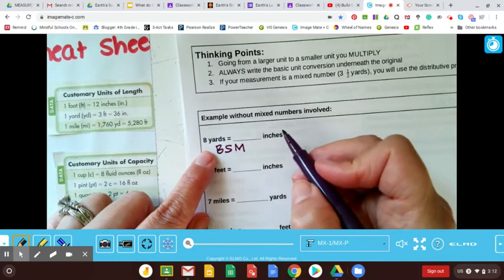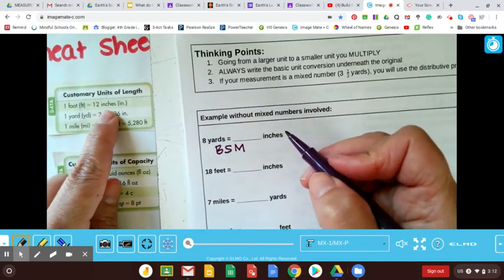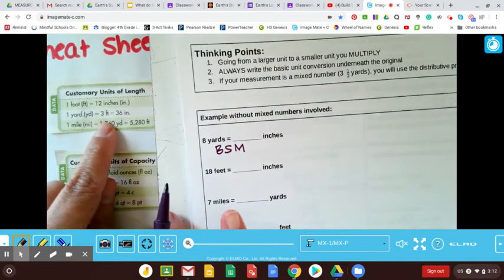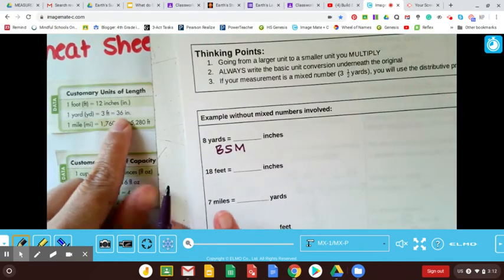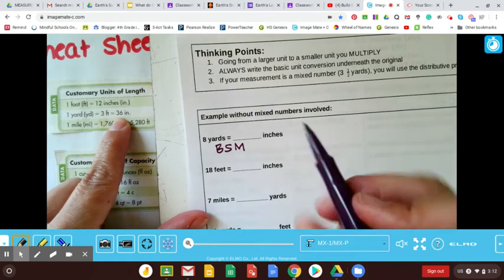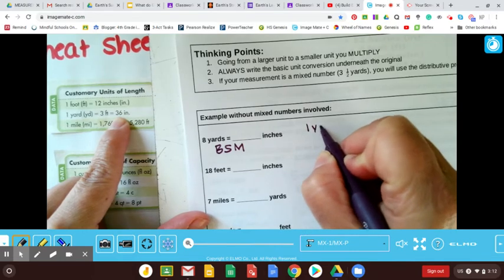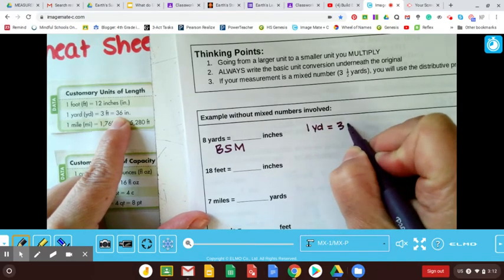So how many inches are in 1 yard, right? If we look over here, we can see there are 36 inches in 1 yard. So 1 yard equals 36 inches.